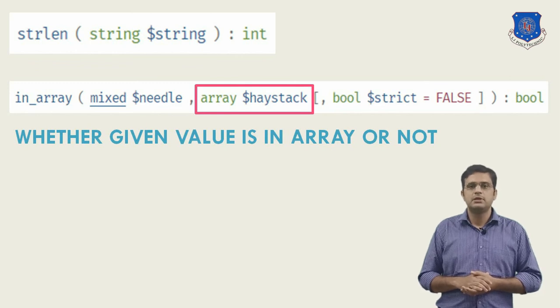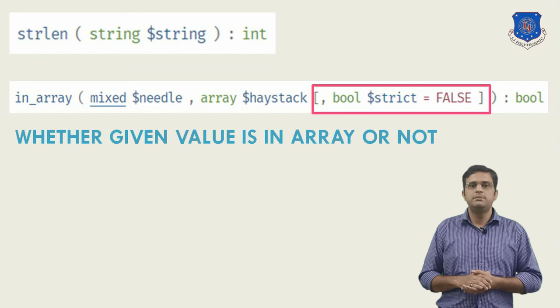The third argument has been put into square brackets, means it is optional. This argument specifies whether the function should compare data type along with value or not. By default, it is false, which has been shown by using the syntax of default argument we have already discussed.